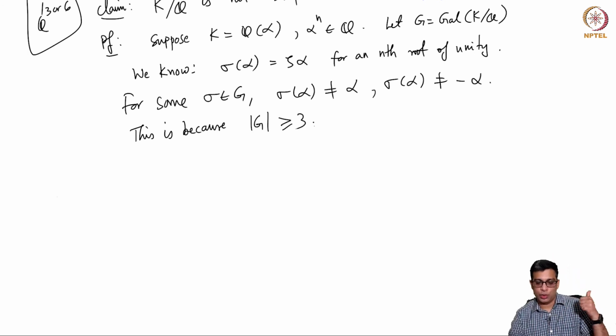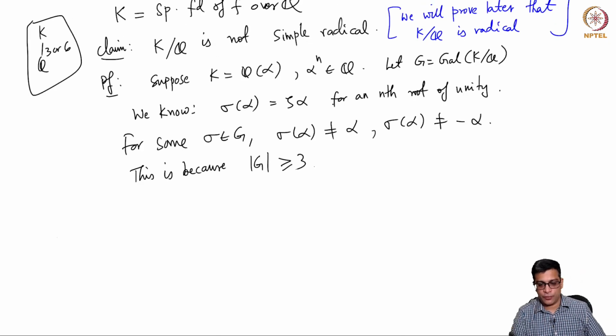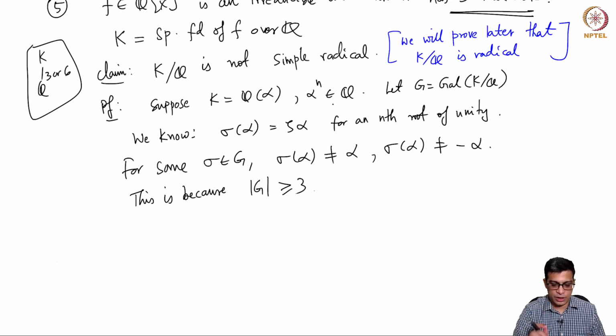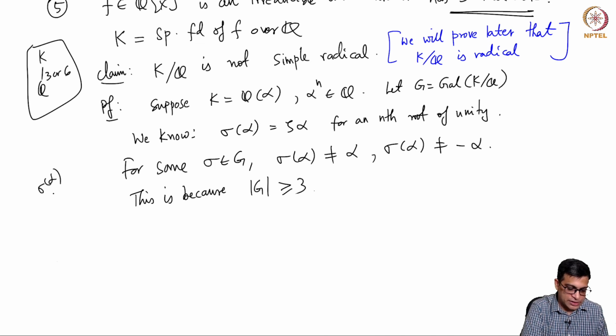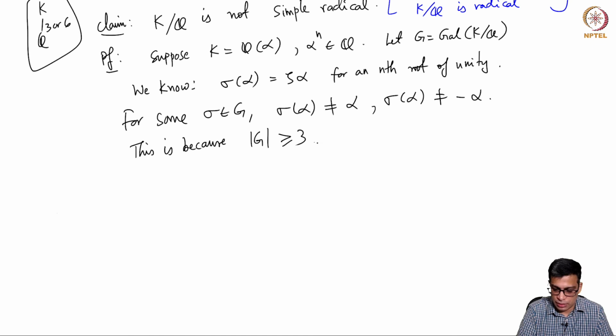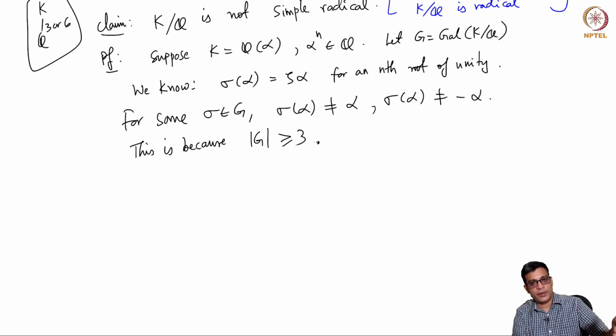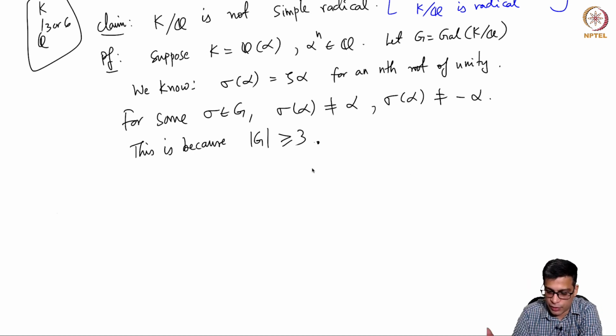You can say sigma alpha is alpha, sigma alpha is minus alpha for 2 of them, but the third one will be something else, because sigma alpha determines the entire sigma, since K is generated by alpha. So this is because there are at least 3 elements. One element will send alpha to alpha. The second element may send alpha to minus alpha, but the third will have to send alpha to something else.